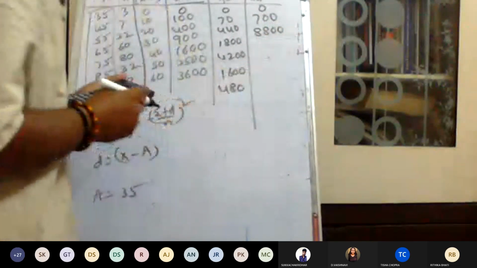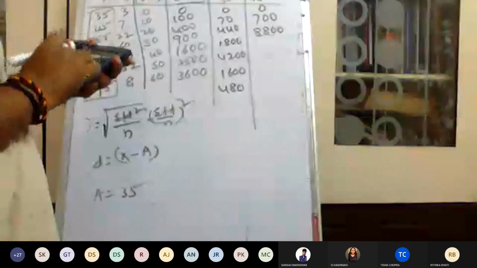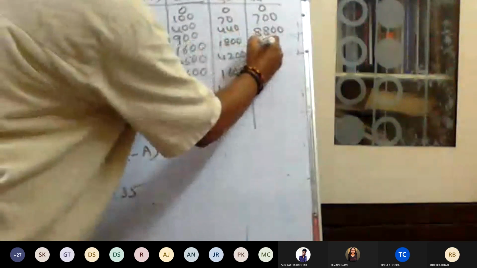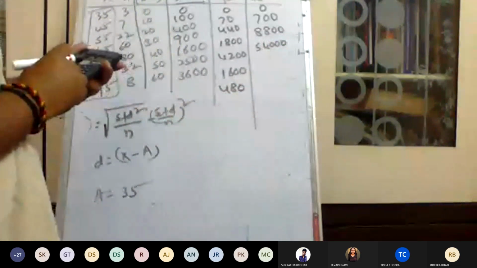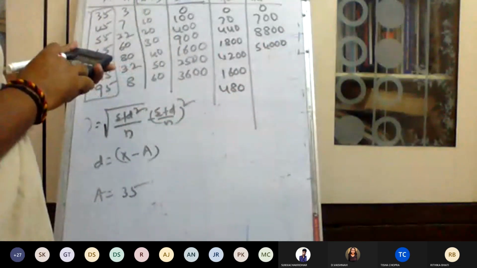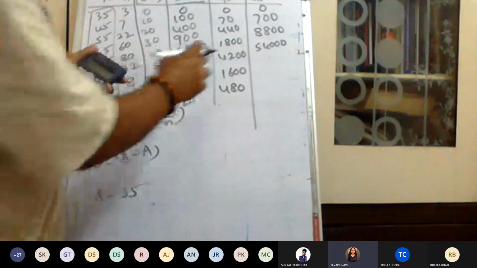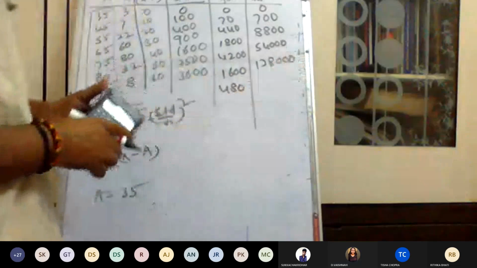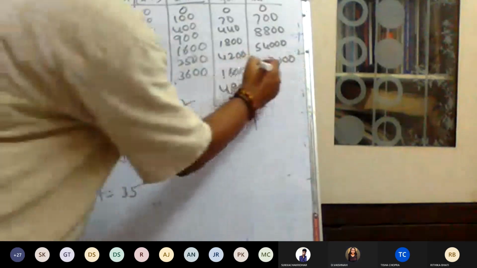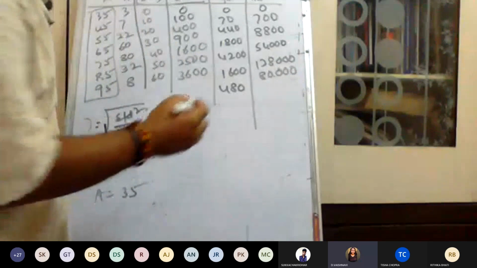Correct? 60 into 900 is 54,000. Next, 80 into 1600 is 128,000. Next, 80,000. Next, 28,800.